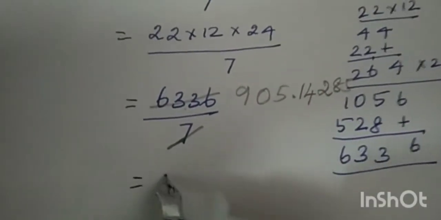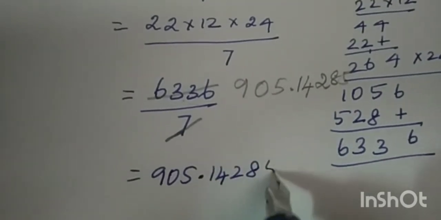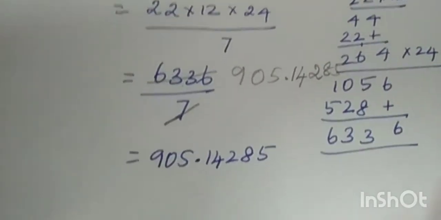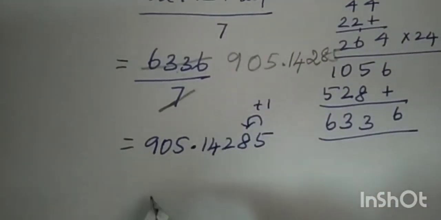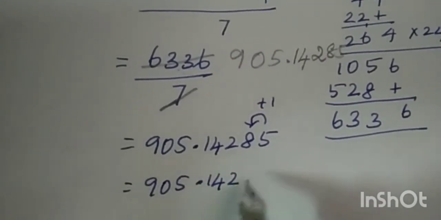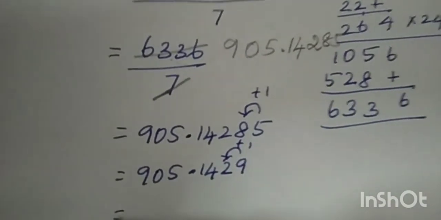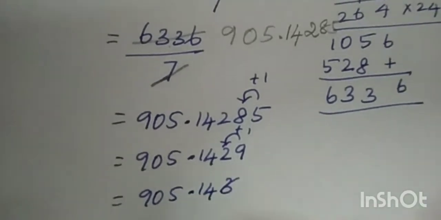So the answer will be 905.14285. We are going to round it off now. When you round off, you will get plus 1 here. So 905.1429. Again round off, plus 1. 905.143. You will cancel it.